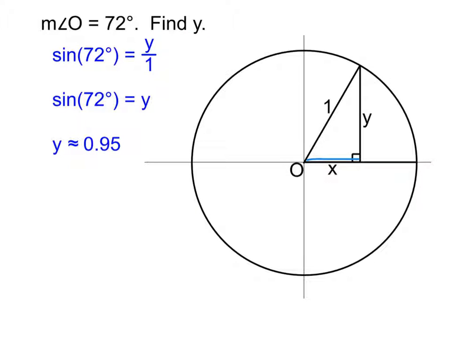The amount that I go up, that's y, like the y coordinate. So actually, when I found x and y, it told me the coordinates of this point. So by figuring out that x and y value in the unit circle, I figured out the coordinates of the point that goes with that angle on the unit circle. So that's where we're going to be heading.